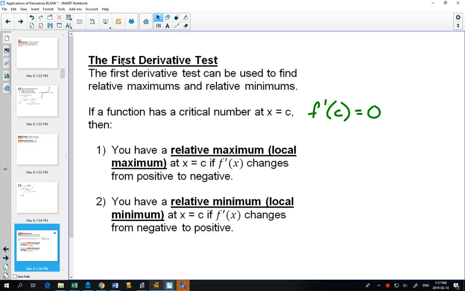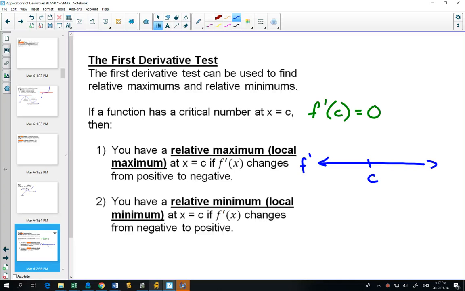The way that we're going to see this is really easy, because you know the sign diagram that we made already. Whenever you find your derivative to equal 0, you would mark that point as c. And then you'd plug in values into your derivative.